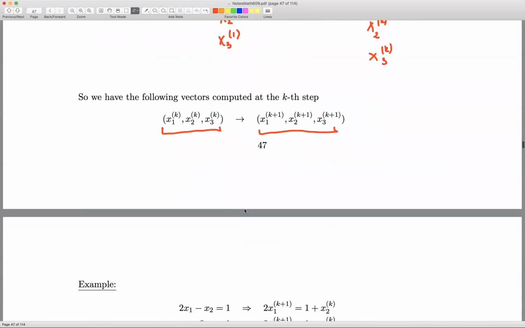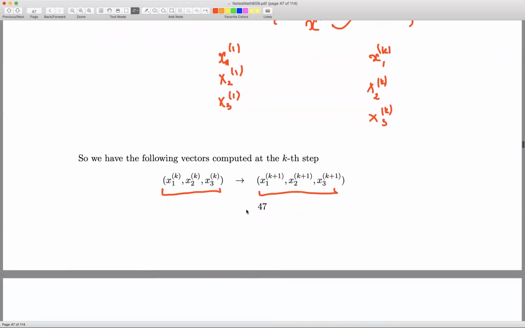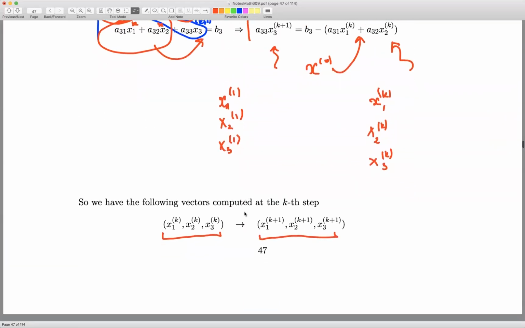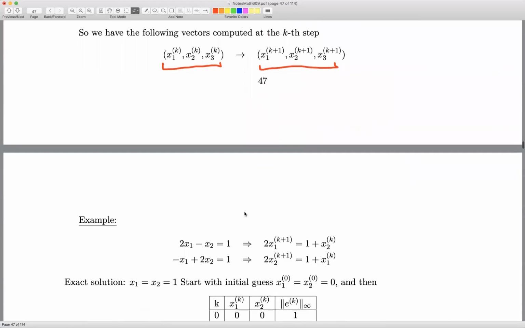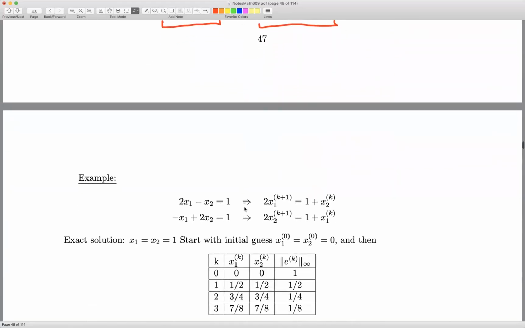We can illustrate this on a particular example. We have this simple 2x2 matrix, and we would like to compute its solution. We see that the exact solution is the vector with coordinates 1, 1.